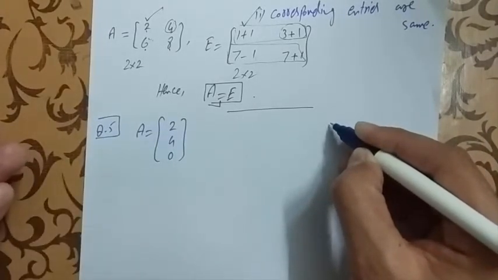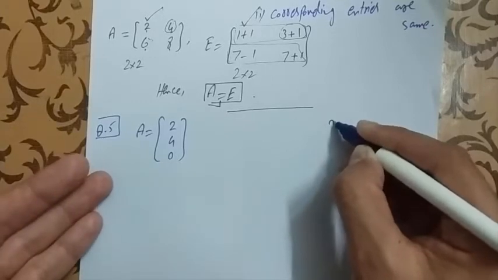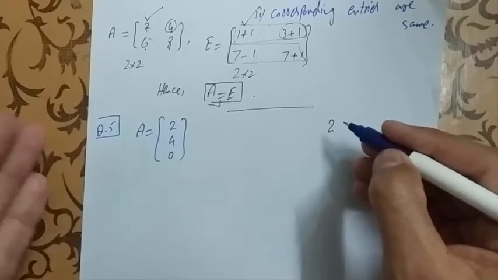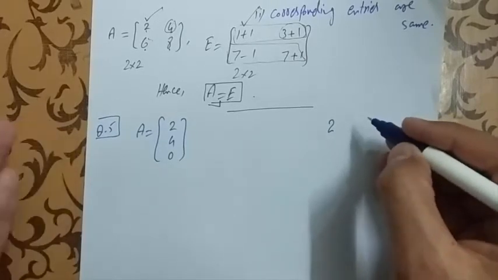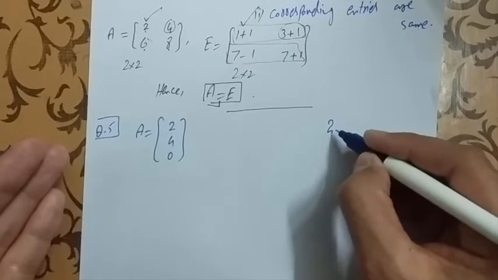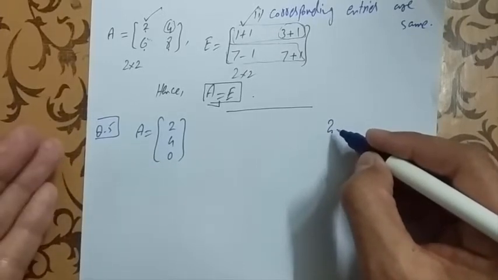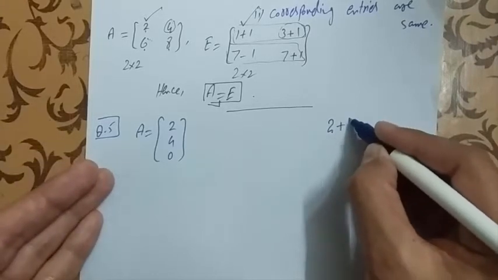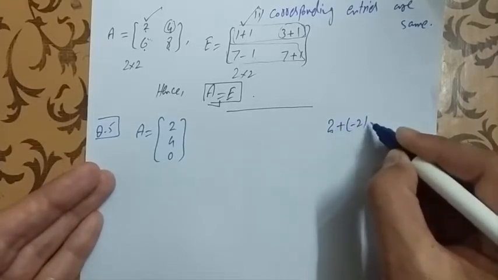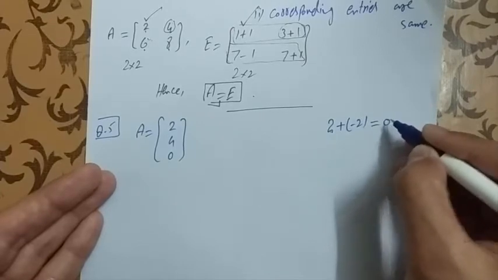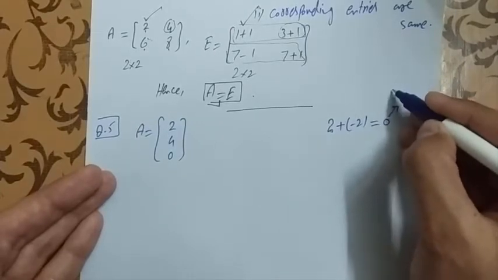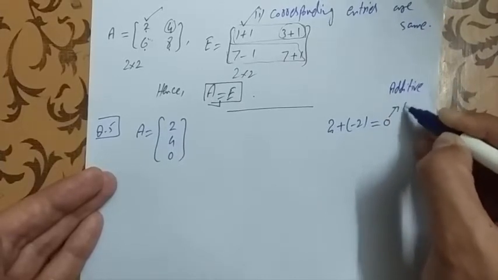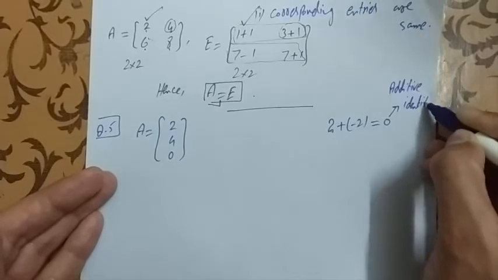Students, say I have a number like 2. How do we find its additive inverse? We add another number to 2 and the result is equal to the identity of addition. So when we add minus 2 to this 2, the result is equal to 0, because it's the additive identity.